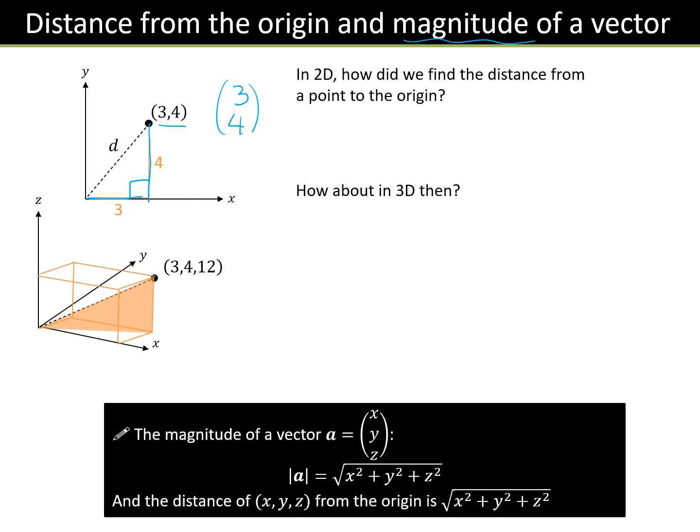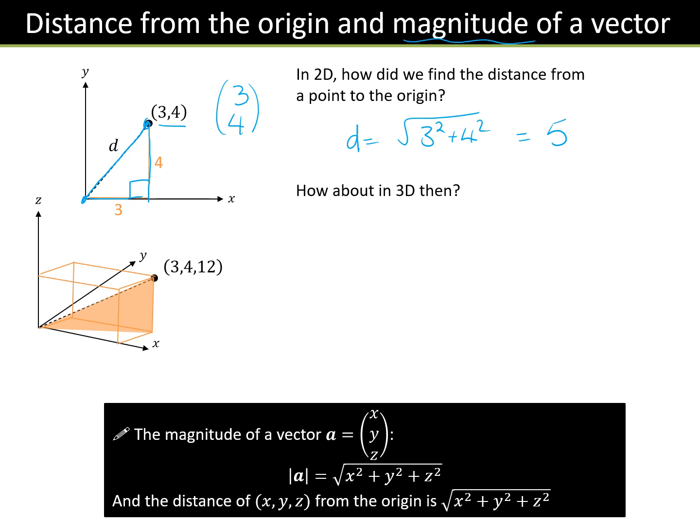So the size of that vector, which starts from the origin and gets us to the coordinate (3, 4), we're just going to use Pythagoras' theorem. So D would be the square root of 3 squared plus 4 squared. Now, if you know your Pythagorean triples, 3 squared is 9, 4 squared is 16, add them together 25, square root of 25 is 5. So 3, 4, 5 is a Pythagorean triple.